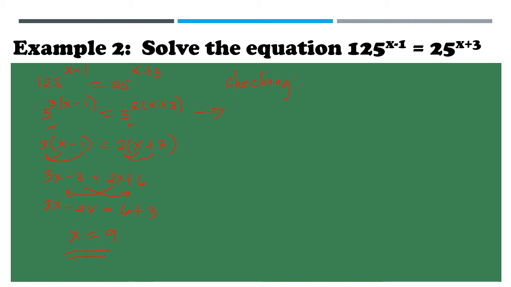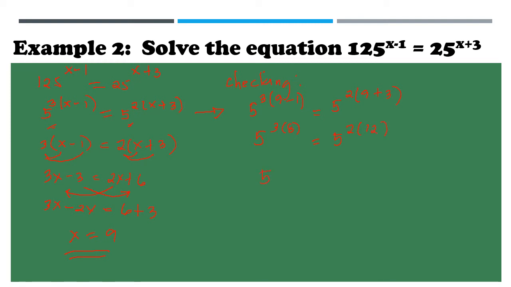So, let us see. This is 5 raised to 3 times, ano ba yung x natin na nasolve? That's 9 minus 1. Equals, sa right side, this is 5 raised to 2 times, ang x natin ay 9 plus 3. So, 5 raised to 3, 9 minus 1 is 8, equals 5 raised to 2 times 9 plus 3 is 12.